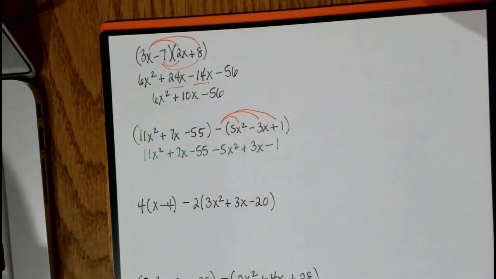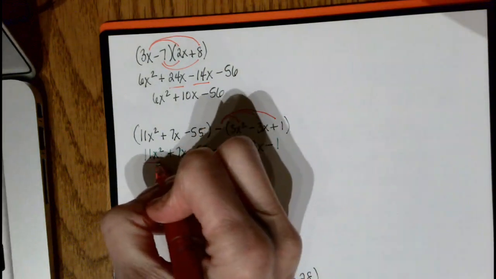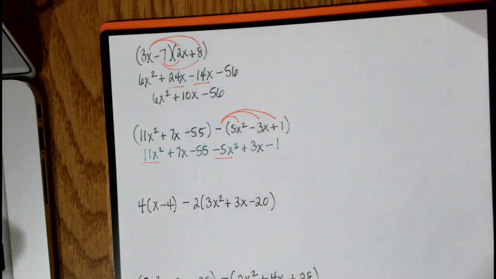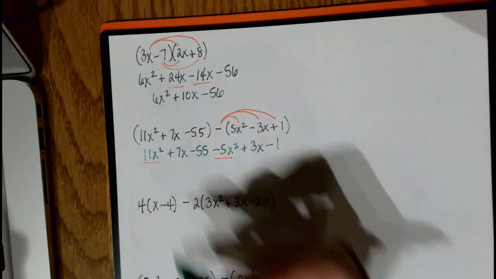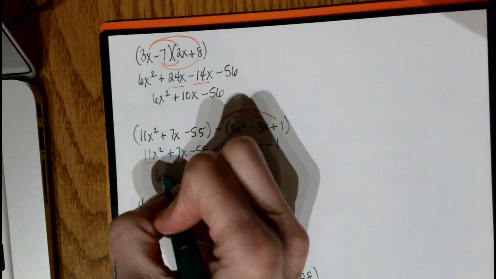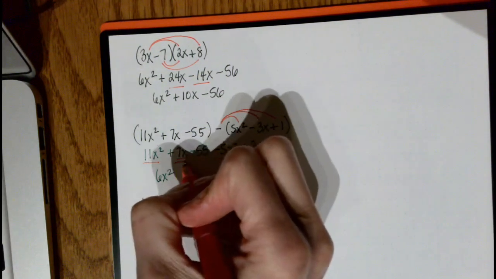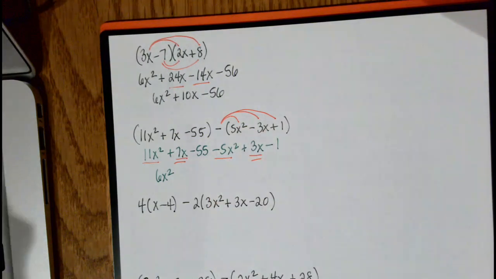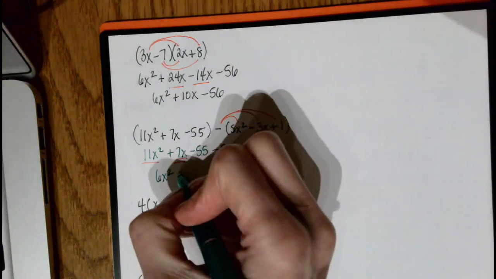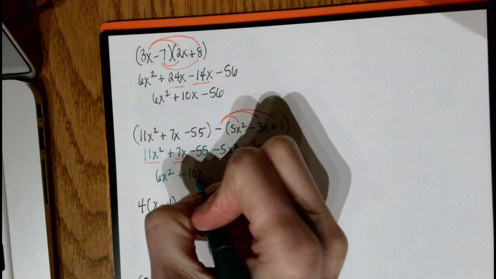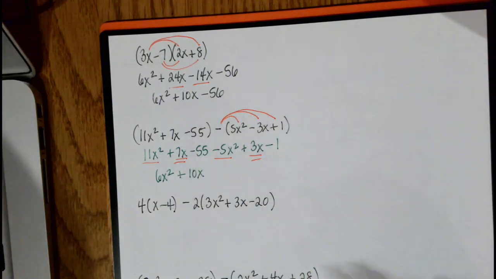And then we're going to combine like terms. 11x squared minus 5x squared, 11 minus 5 is 6. We have 7x plus 3x, which is 10x. So looking good so far, because we want to match our answer here to there.